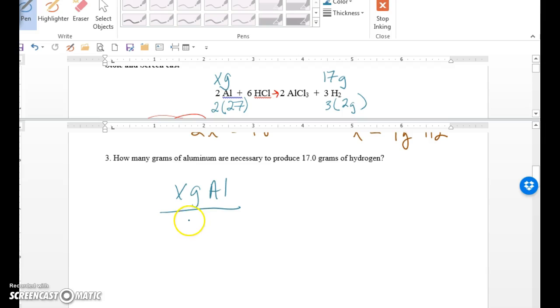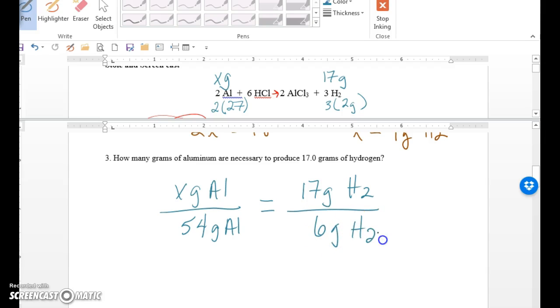I'm going to multiply these two out. So 54 grams of aluminum is equal to 17 grams of hydrogen over 6 grams of hydrogen. What this is showing me on the bottom is that for every 54 grams of aluminum, I would get 6 grams of hydrogen. The problem's asking me, though, I want 17 grams of hydrogen, so how much of this aluminum do I need to start with?